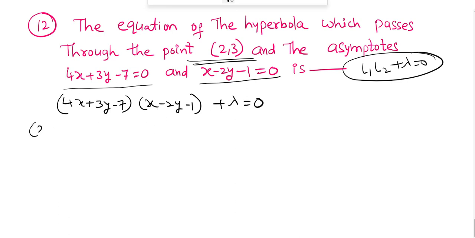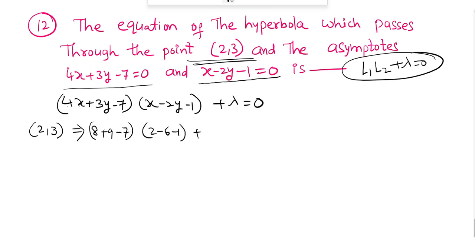This hyperbola passes through the point 2 comma 3. Substituting in this, that is 4 into 2, 8, plus 3 into 3, 9, minus 7, into 2 minus 6 minus 1, plus lambda is equal to 0.